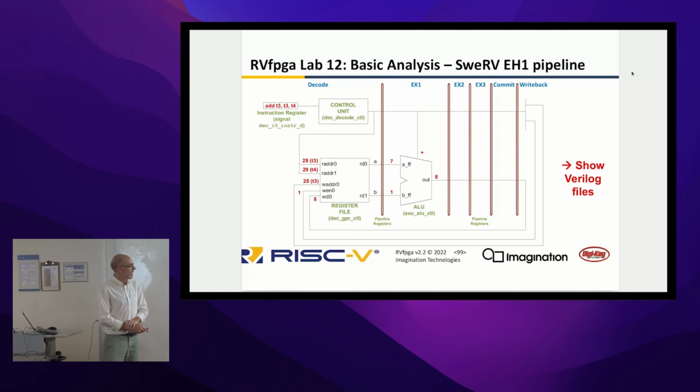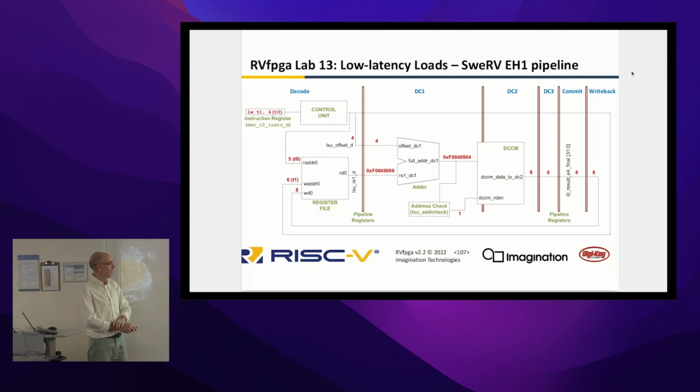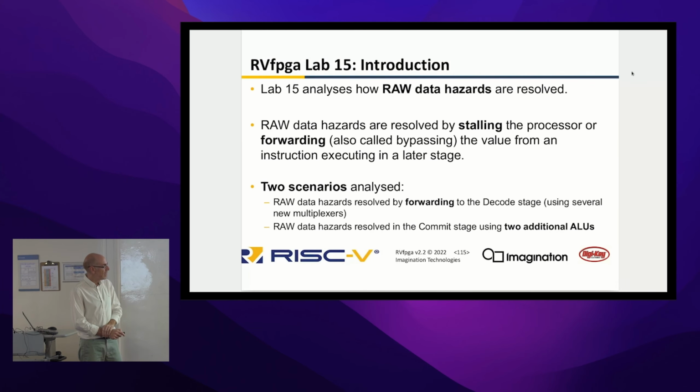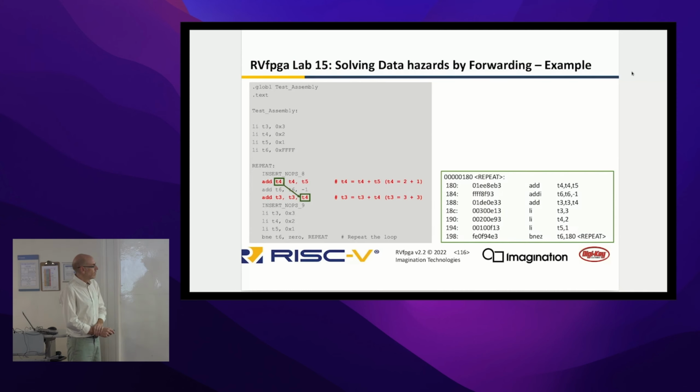But here I'm only focusing on the other situation, data hazard resolved at the decode stage by forwarding. This is the typical case explained in the books. Let's say that we have an add instruction computing T4 plus T5 and writing the result to T4, and this T4 is used as an input operand to this add instruction.